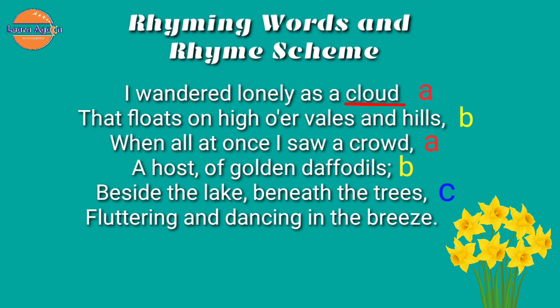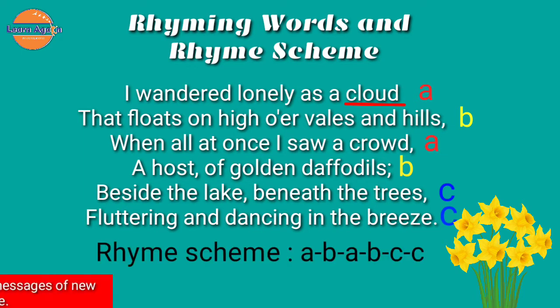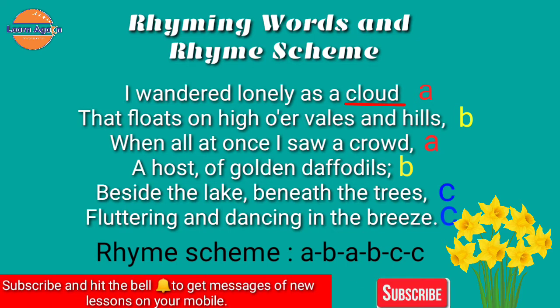The last word of the sixth line, breeze, rhymes with the last word of the fifth line, trees. Hence, we will use C again. Now we have the complete rhyme scheme of this stanza. That is A, B, A, B, C, C.